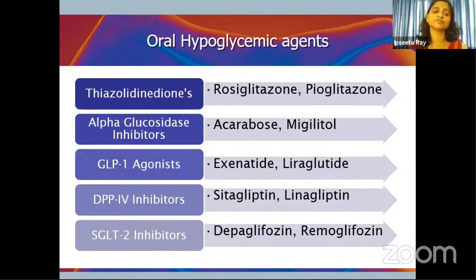Although GLP-1 agonists are known as oral hypoglycemic agents, they are not given orally; they are administered subcutaneously. Then you have a new class of drug, DPP4 inhibitors, dipeptidyl peptidase 4 inhibitors. These are basically inhibitors of the enzyme DPP4, which metabolizes GLP.